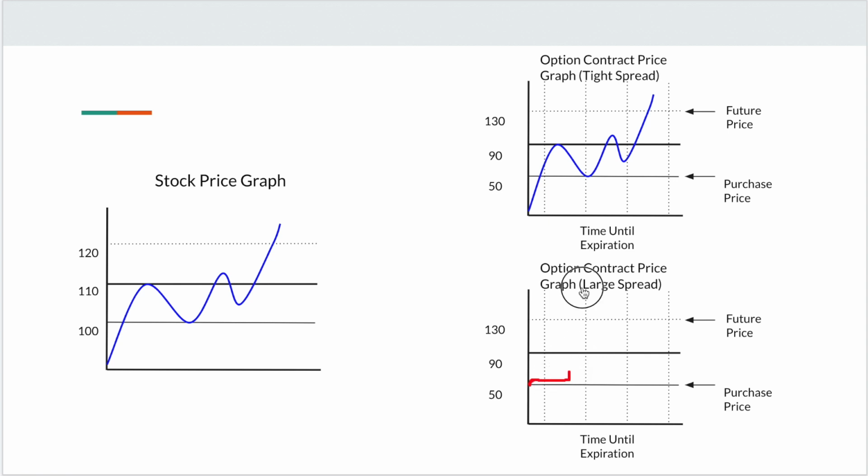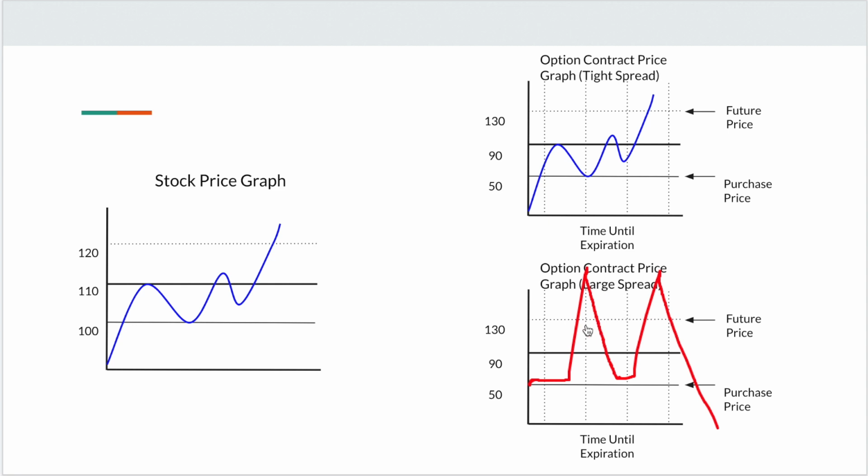Then suddenly you'll see a large fluctuation, and the option goes down again, and then another fluctuation, because there's not a lot of liquidity. Every once in a while you see a fluctuation because people can't agree on what the price actually is, and it's going to be very hard for you to exit that options contract as long as it has a large spread.